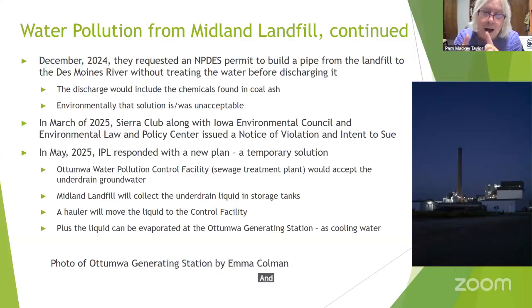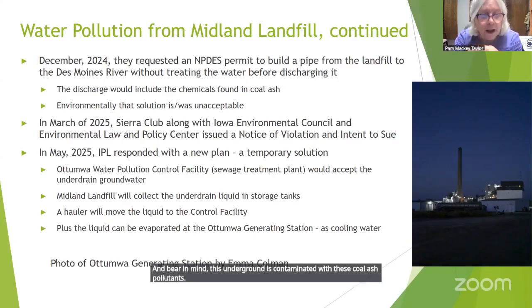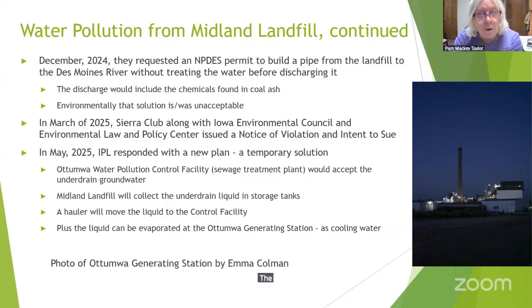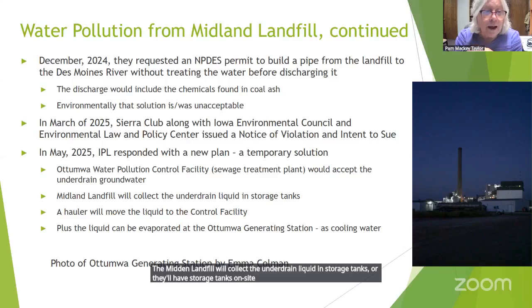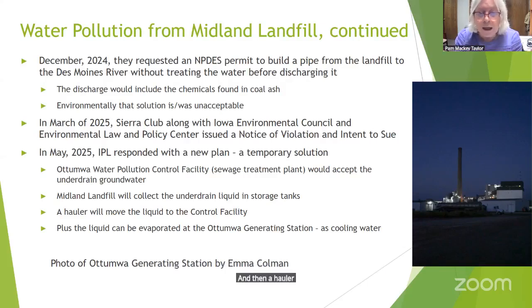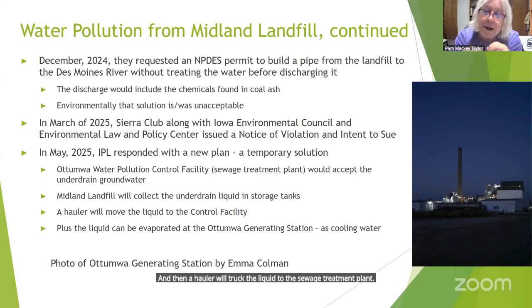And bear in mind, this underground liquid is contaminated with these coal ash pollutants. The Midland landfill will collect the underdrain liquid in storage tanks. They'll have storage tanks on site at the landfill. And then a hauler will truck the liquid to the sewage treatment plant. And they also indicated that the liquid can be evaporated at the Ottumwa generating station as cooling water.